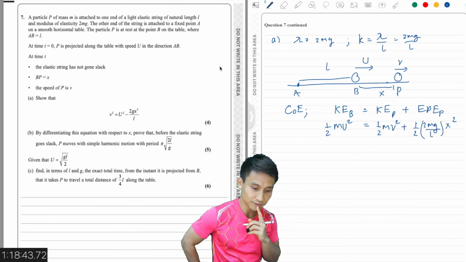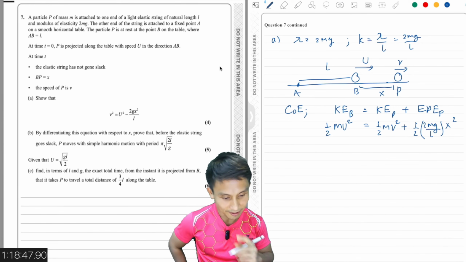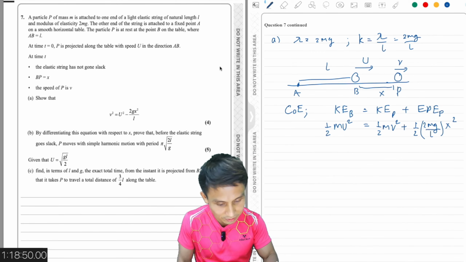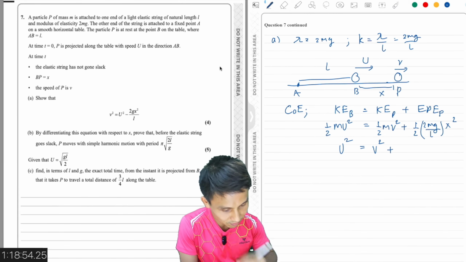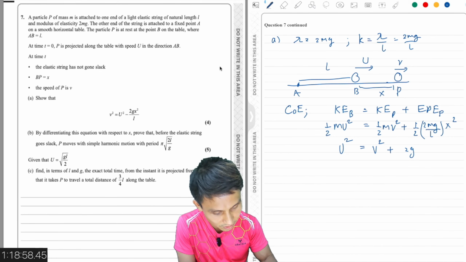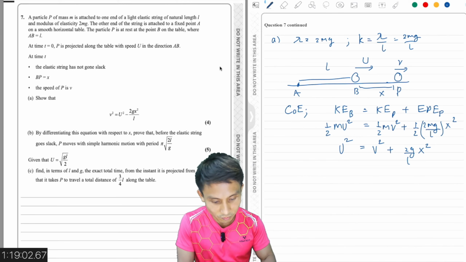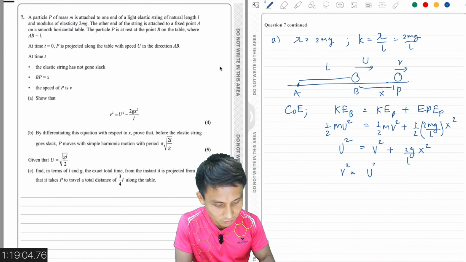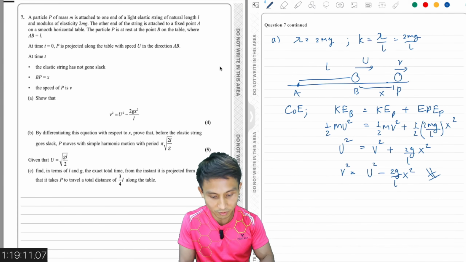You guys probably do physics as well. We cancel the half, we cancel the m, we get u squared equals v squared plus 2g over L x squared. So we rearrange: v squared equals u squared minus 2g over L x squared. That's done, as required.